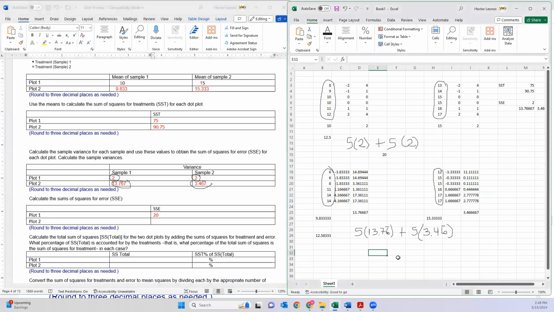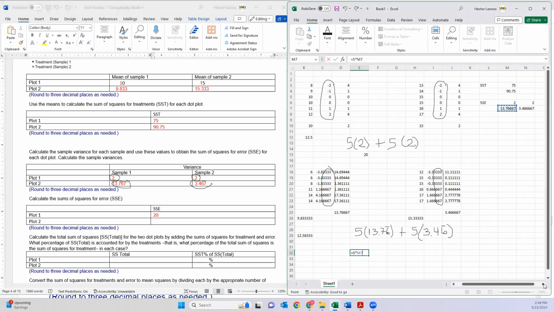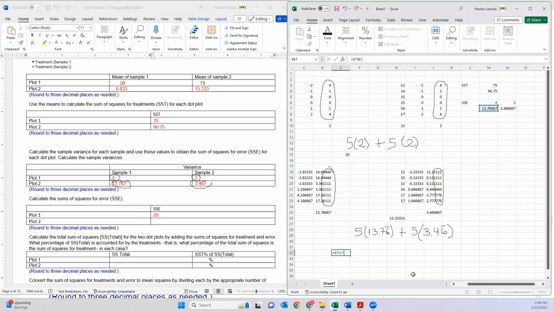So let me type this number. So I'm going to go equals 5 times this number plus 5 times this number. I have them there, so might as well just use them.